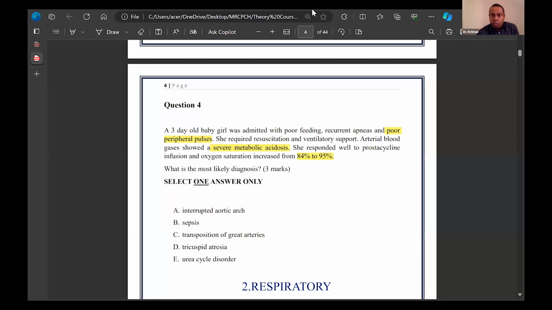Right. If I am to show another picture, this one.